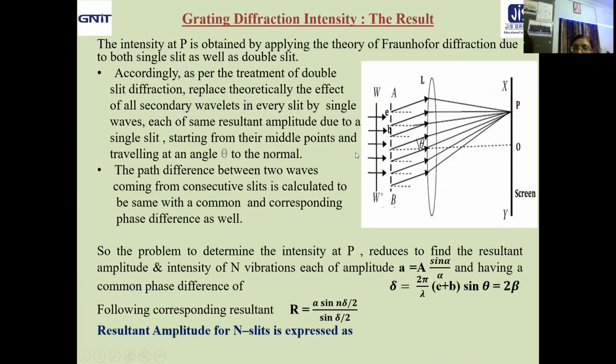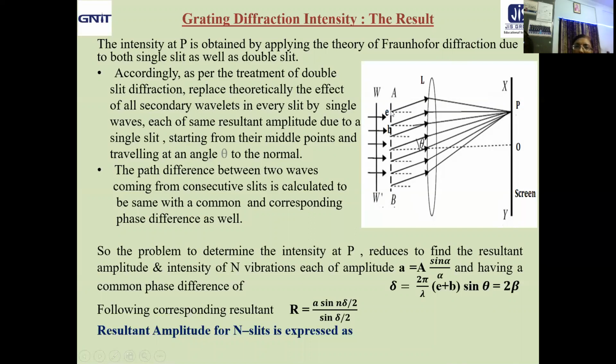In the last class, we discussed that out of each single slit you have an infinite number of secondary wavelets coming out. So the effect of all secondary wavelets can be theoretically replaced by a single wave, provided it carries the resultant amplitude of all the secondary wavelets coming out of the single slit in a direction theta to the normal.